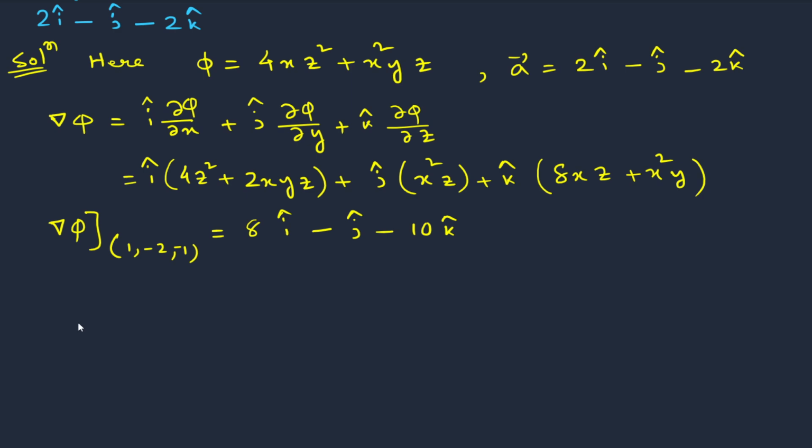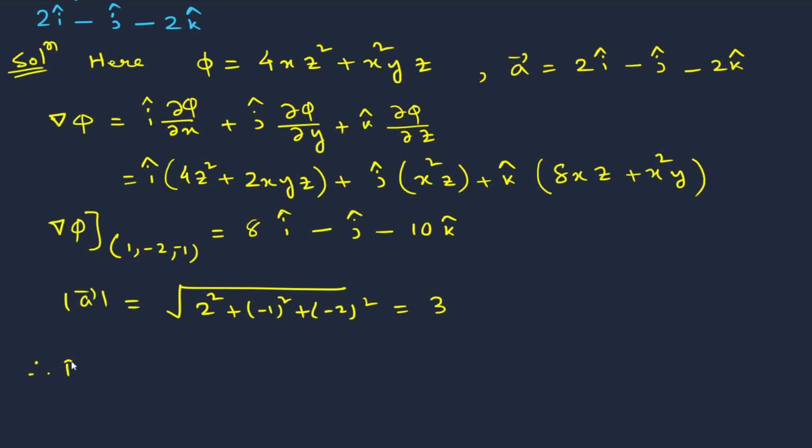Now the direction a bar is also given, so let us find its magnitude. It will be root over 2 square plus minus 1 square plus minus 2 whole square, which is root 9, that is 3.